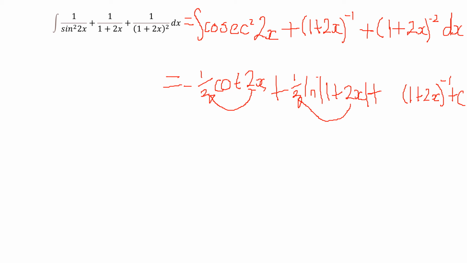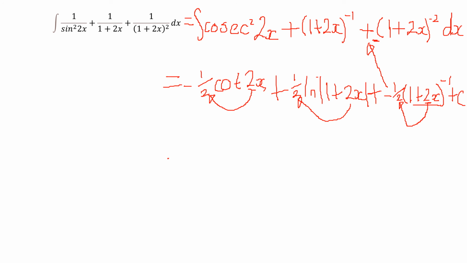We want a negative there because we want the minus 1 times the negative to give us the plus up here. Probably better just writing a minus here all along, but we didn't know until we started integrating. Just watch out for those little things. And then if I was to differentiate this bracket, this 2 here would come out in front, and of course there is no 2 here, so we need a half.